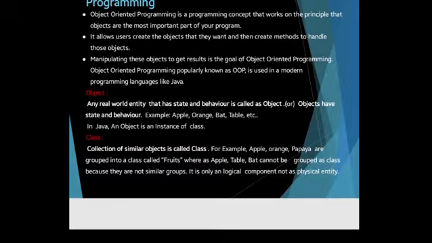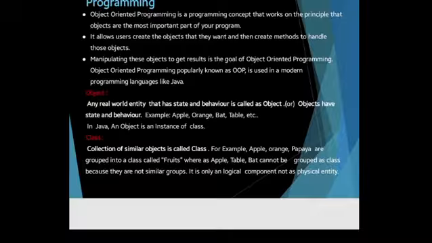OOP is used in many modern programming languages such as Java, C++, Python, C#, and Kotlin. Java is completely based on object-oriented programming, which is why understanding OOP is very important before learning Java programming.